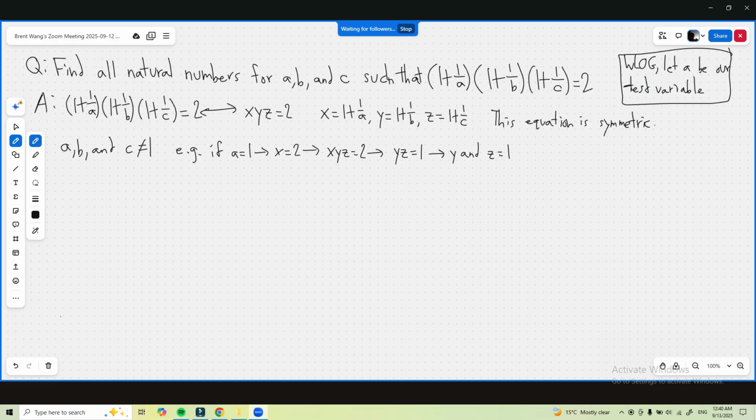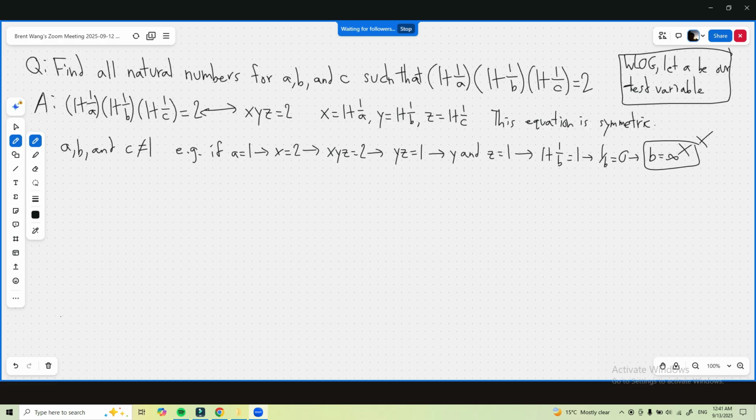And for something like y, you'd have 1 plus 1 over B equals 1, and then 1 over B would be 0, and so would 1 over C, and then B would equal infinity, but infinity is not a natural number, so this would not work.